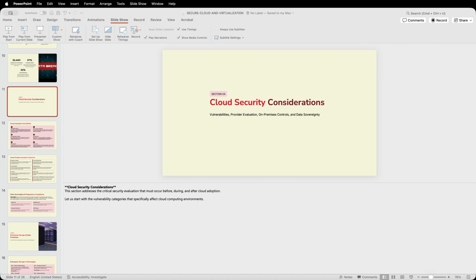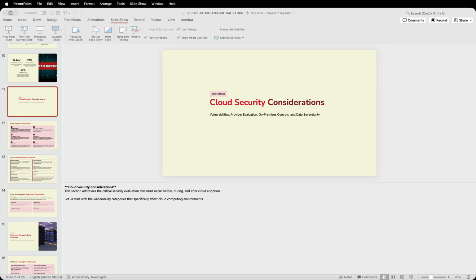Effective logging in cloud environments requires a strategic approach. You need to identify which logs carry security value, collect them consistently, store them securely with appropriate retention periods, and analyze them for indicators of compromise.